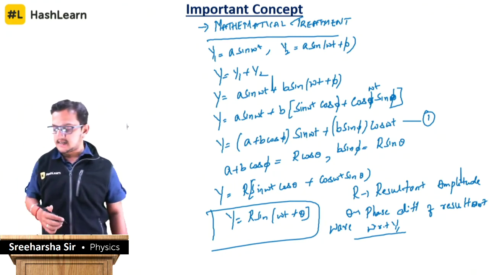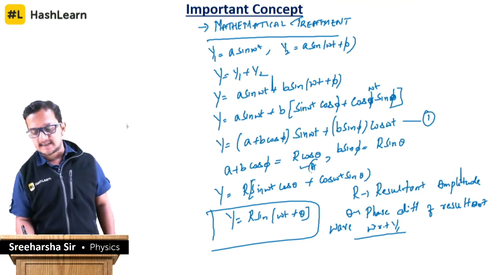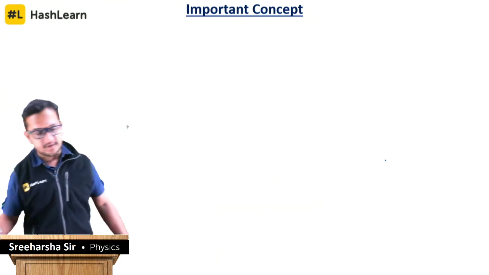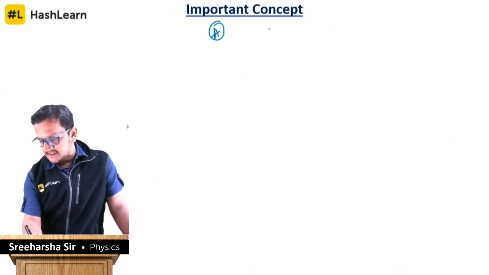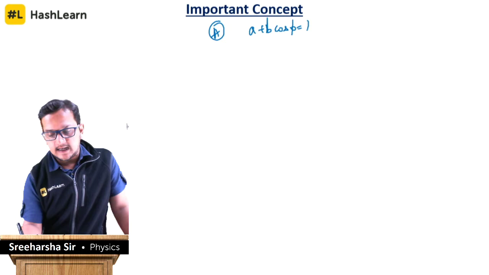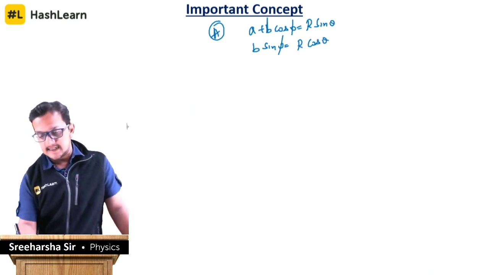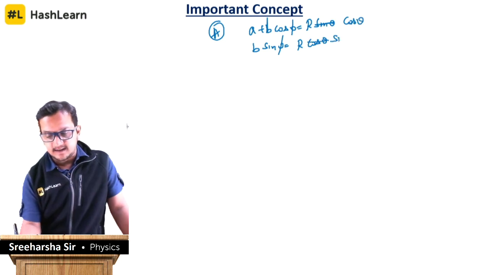This point has to be in your mind all the time. It is always with respect to y1. So now we will discuss the amplitude. You have to remember these two equations. I'll call them equation A and equation B. So from equation A, a plus b cos phi is equal to r cos theta, and b sin phi is equal to r sin theta.